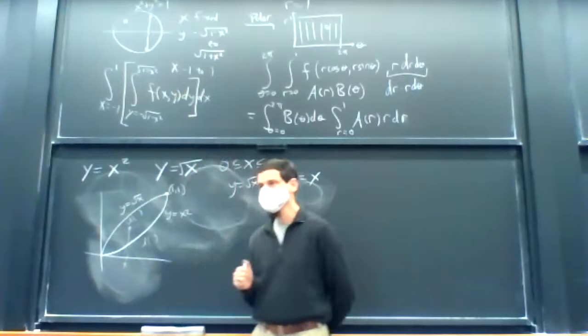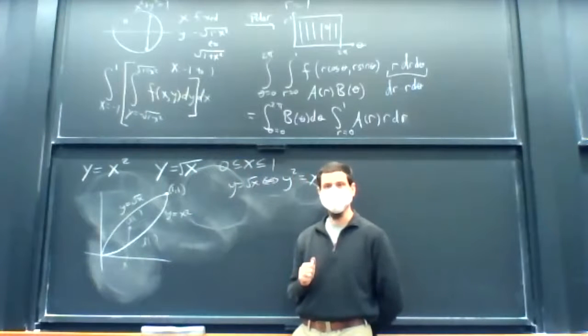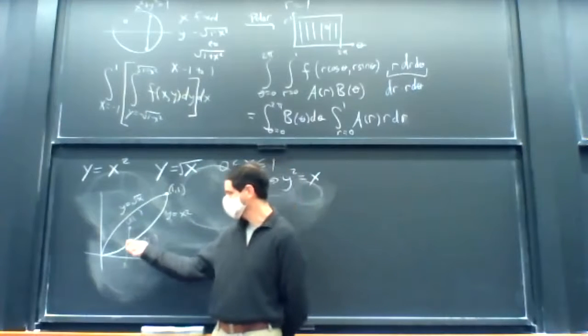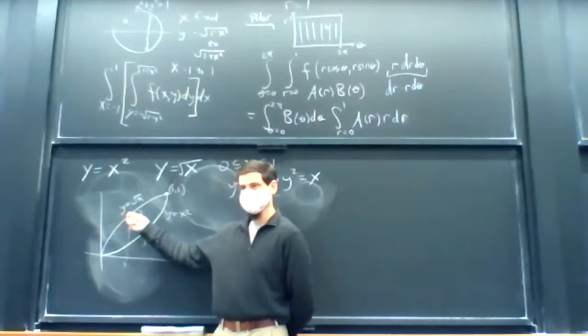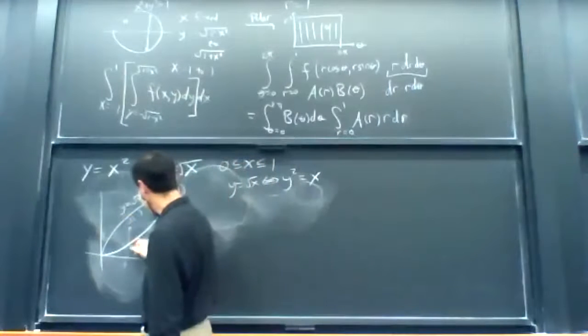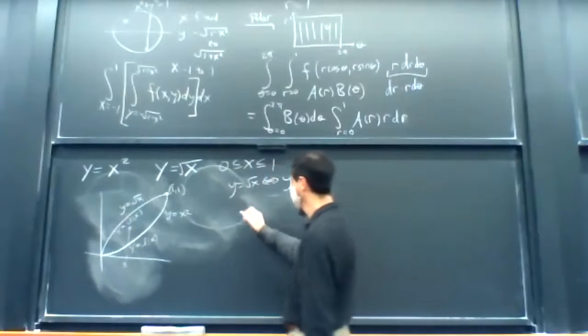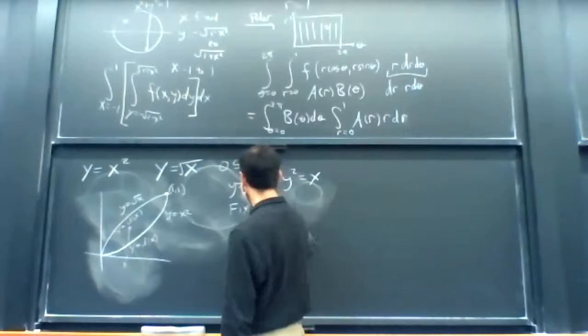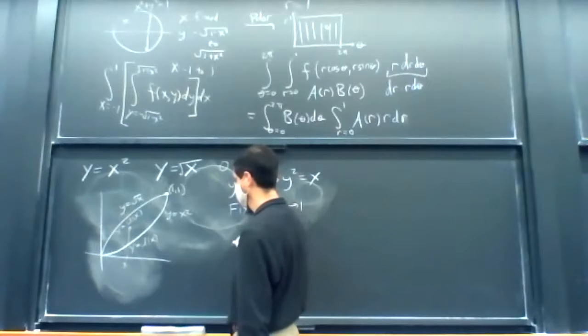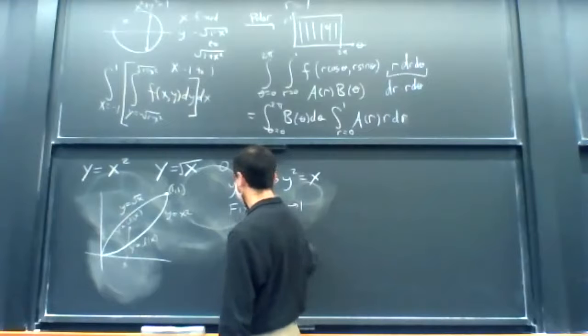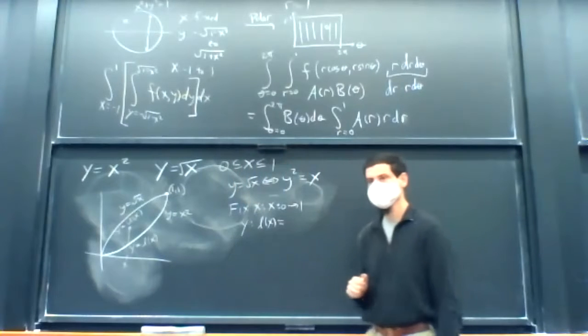So if we're fixing x and we're marching up, we want y as a function of x. To get where, do we start and where do we end? So we would want y equal to L of x here, and here we want y equal to U of x. So fix x, x goes from 0 to 1, and then y goes from L of x, and what is the curve L of x?